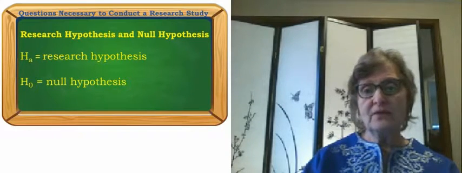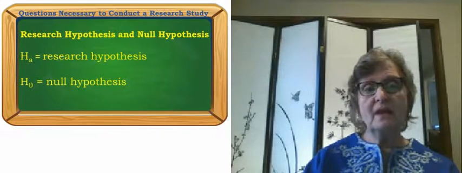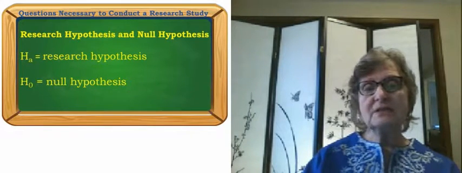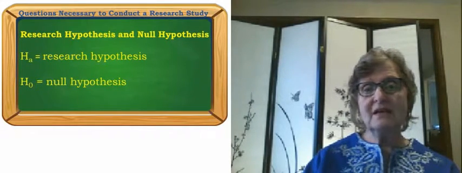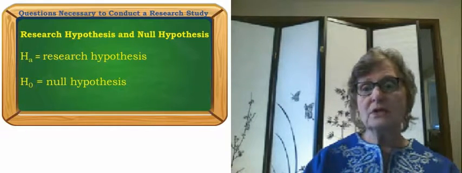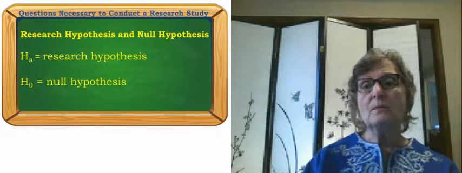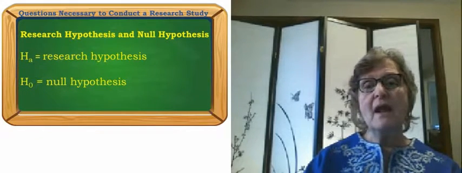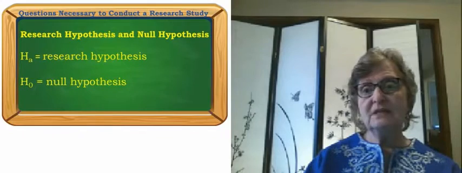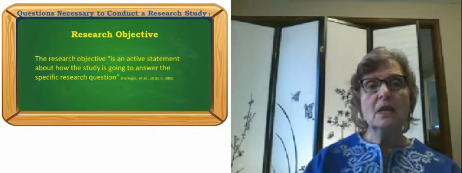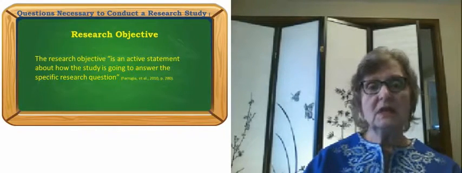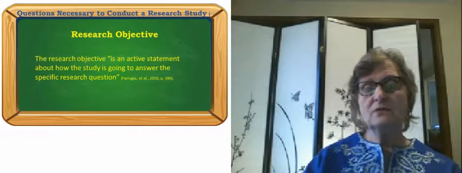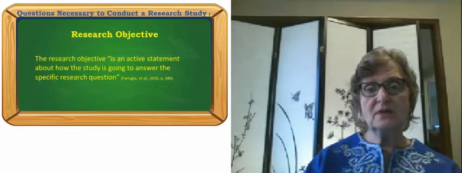The null hypothesis, which is represented by the capital H and a subscript 0, actually sets the parameter by stating that there is no, or zero, relationship between the manipulation of the independent variable and the outcome of the dependent variable. The objective of a research study is to find out the answer to specific questions.